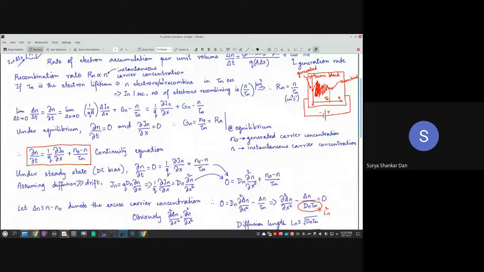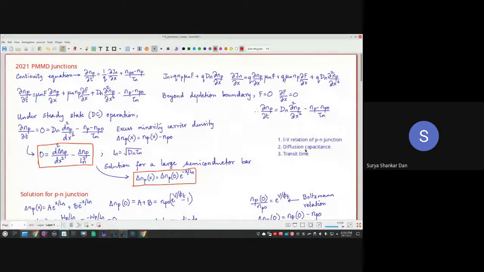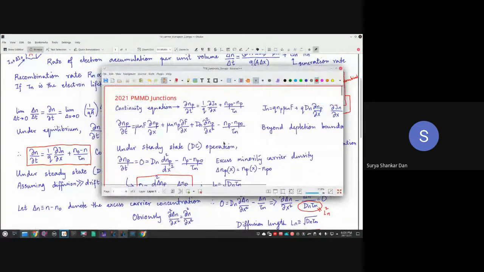The only difference between the two, if you notice closely, is that for the semiconductor material I just put n. Here, on the other hand, we have put p as a subscript.